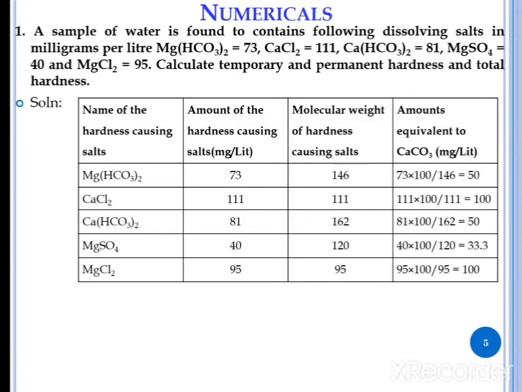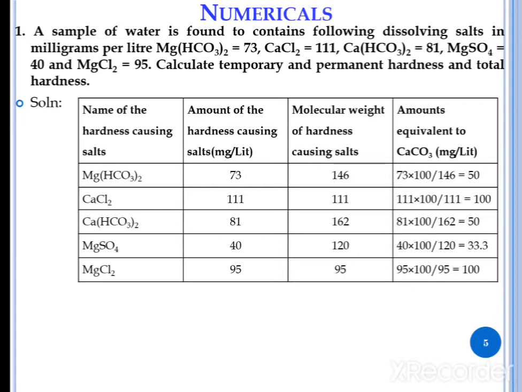After calculation it comes out to be 50. Similarly, we calculate for calcium chloride, calcium bicarbonate, magnesium sulfate and magnesium chloride, and in the last column you get the values respectively. Okay, so these are the CaCO3 equivalents.